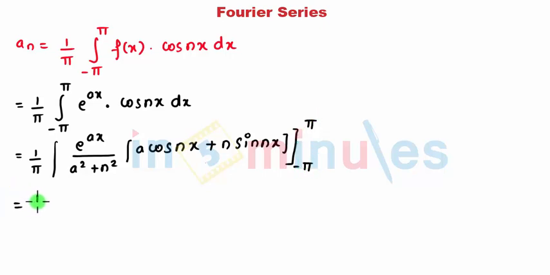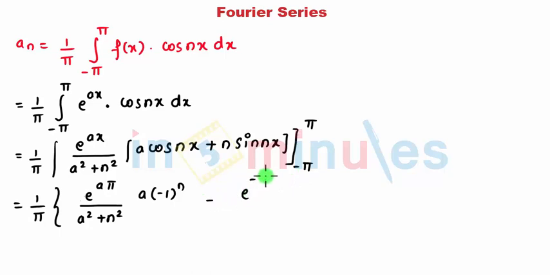When we substitute pi, that becomes e raised to a pi divided by a square plus n square, cos n pi becomes minus 1 raised to n, and sin n pi becomes 0, with the lower limit e raised to minus a pi divided by a square plus n square.